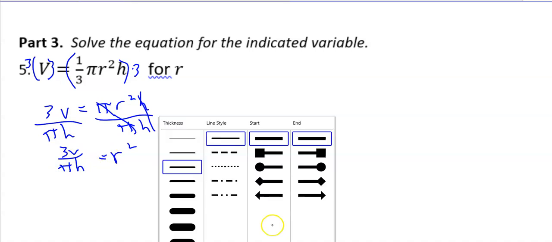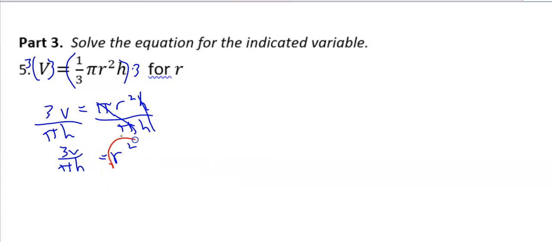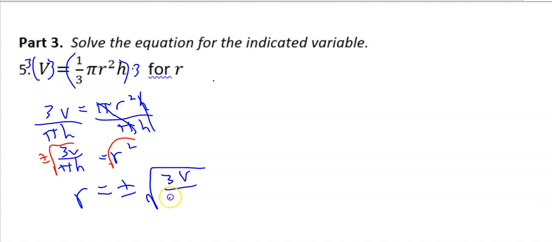So on both sides, you're going to take the square root of both sides. Don't forget to put plus or minus on the side you're not solving for. So we get r equals plus or minus the square root of 3v divided by pi h. A couple things about these literal equations. You never have to do plus or minus.